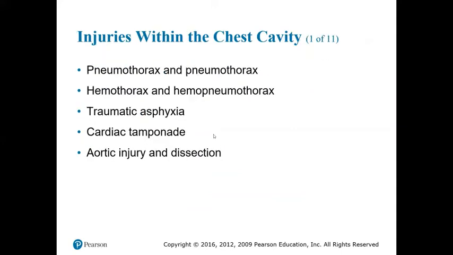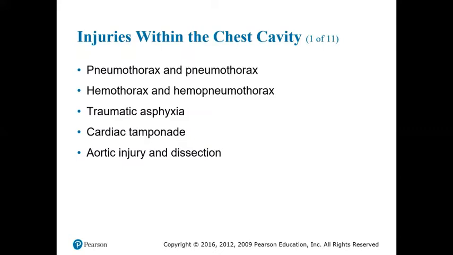Okay, injuries within the chest cavity. So we have our pneumothorax. That should say hemothorax. Oh, I should say tension. Excuse me. The slide is kind of messed up. I apologize. The top line here should say pneumothorax and tension pneumothorax. And then we have the pneumothorax. Again, think to your medical terminology. Okay, pneumo is air. Okay, hemothorax and hemopneumothorax.